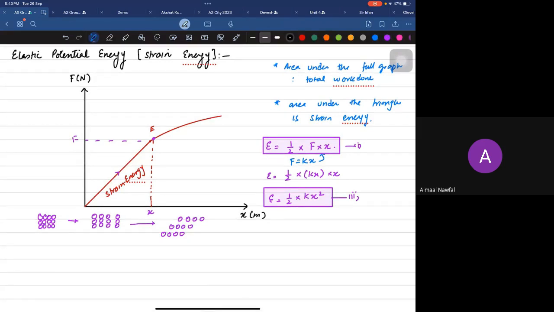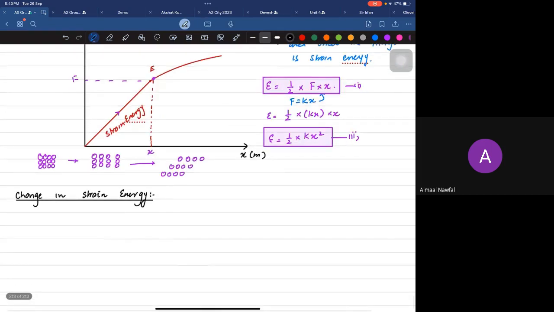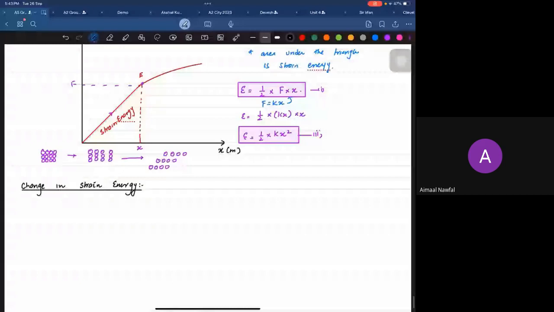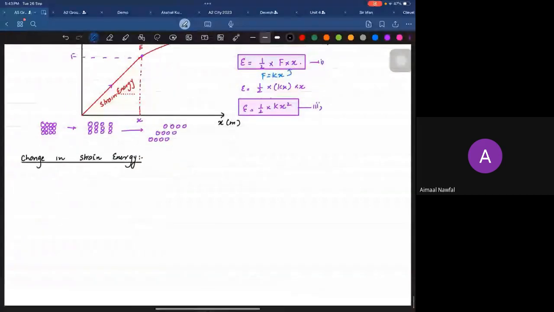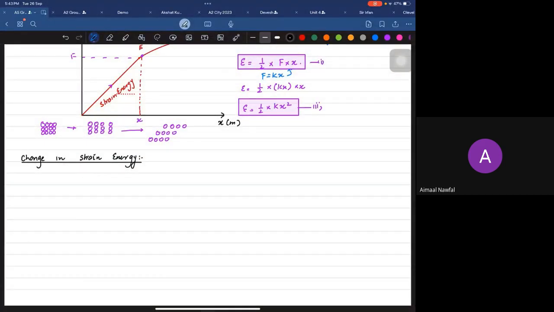So in a lot of questions, they're gonna ask you about change in strain energy. Usually there are two ways that people adapt to.